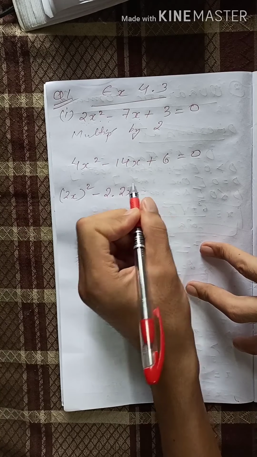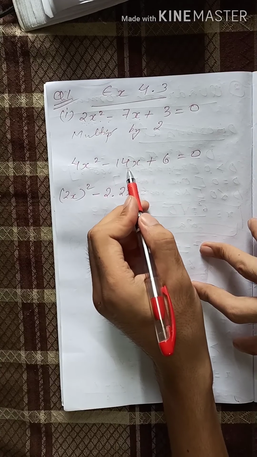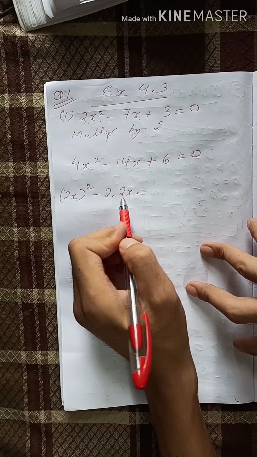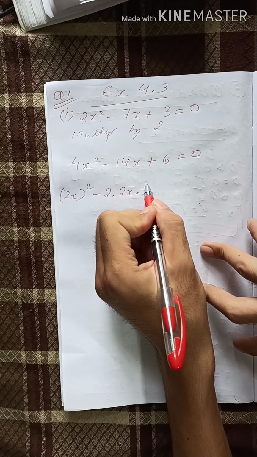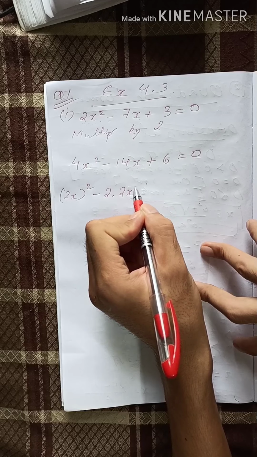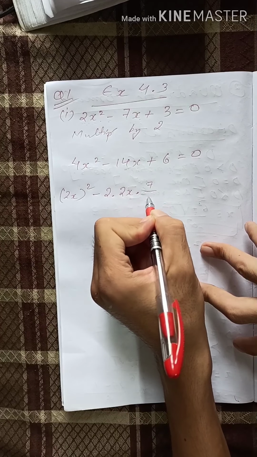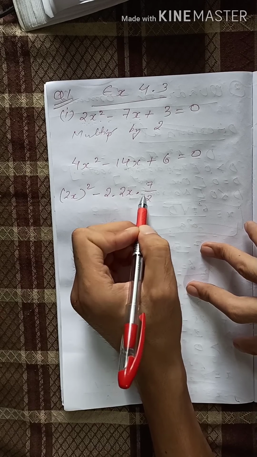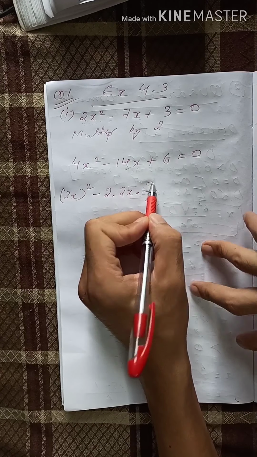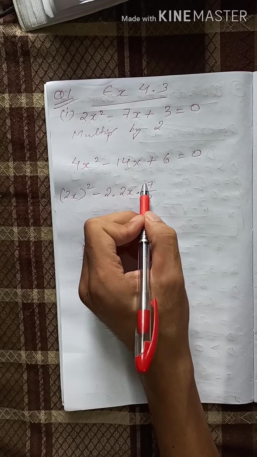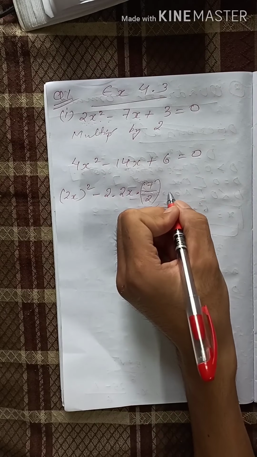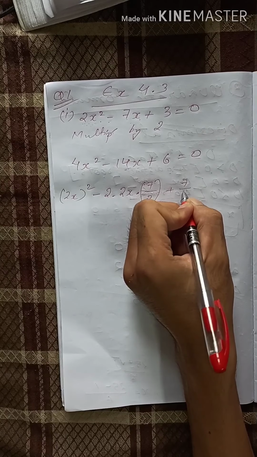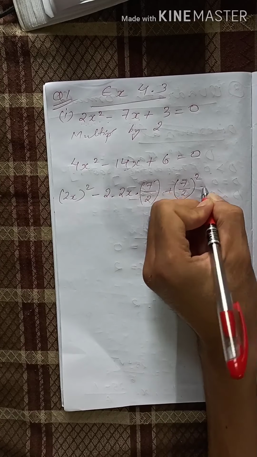What should be the value of b so that this will give us this 14x? 2 into 2 is 4, so we can write here 7 by 2. 4 and 2 will get cancelled, 2 into 1, 2 into 2, 2 into 7 is 14. So we get here 7 by 2. b is 7 by 2. A square minus 2ab plus b square. This is extra, so you have to cancel this.